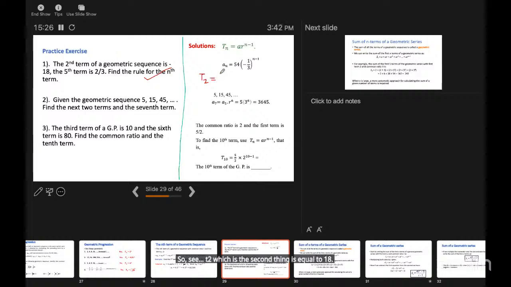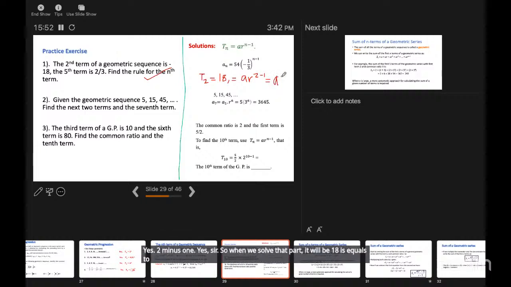So 18 is equal to ar raised to power 2 minus 1. When we solve that, 18 is equal to ar raised to power 1, which is ar.